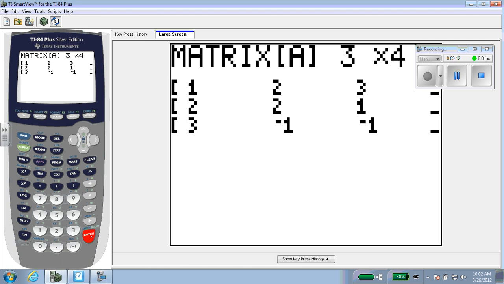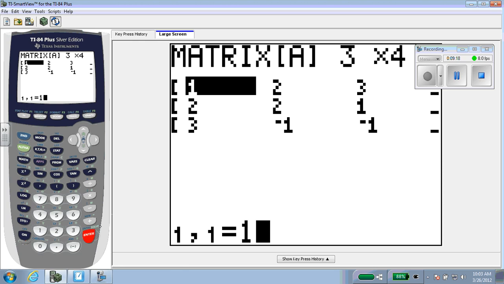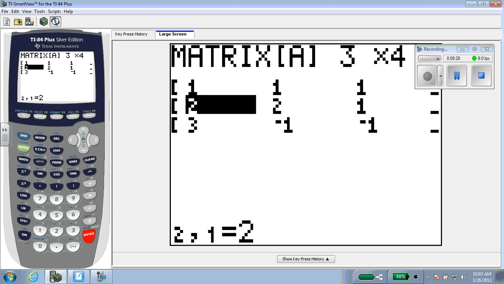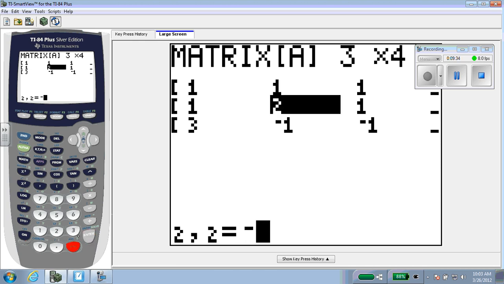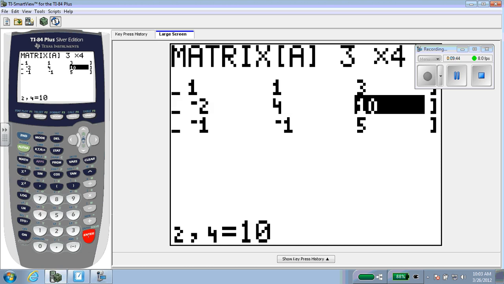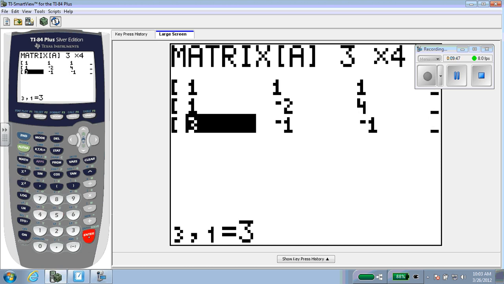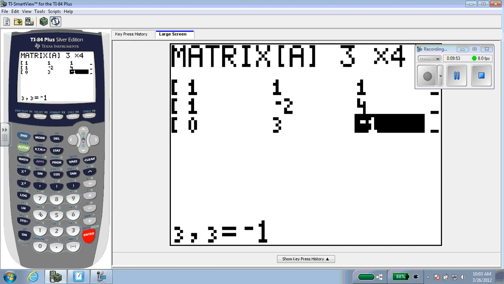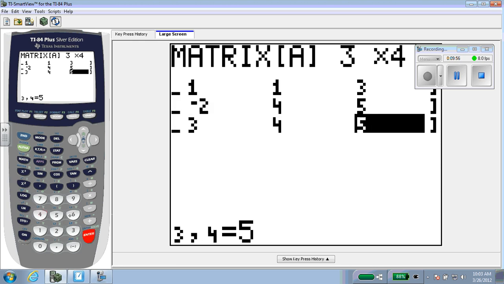It's still a 3 by 4, but now it's 1, 1, 1, 3, 1, negative 2, 4, 5, 0, 3, 4, 5.